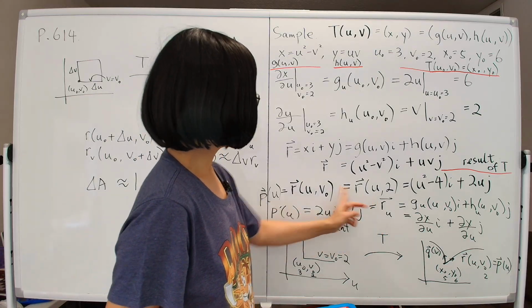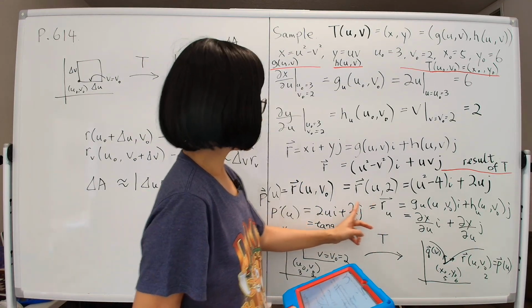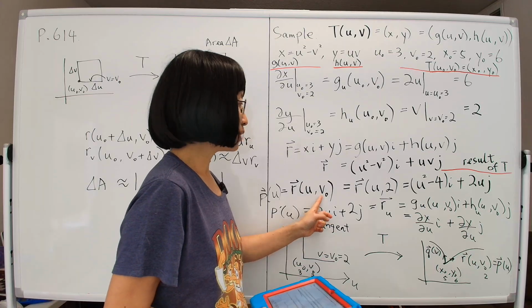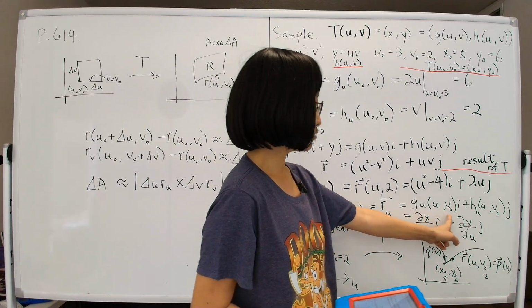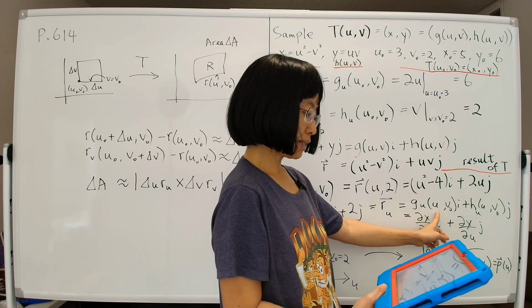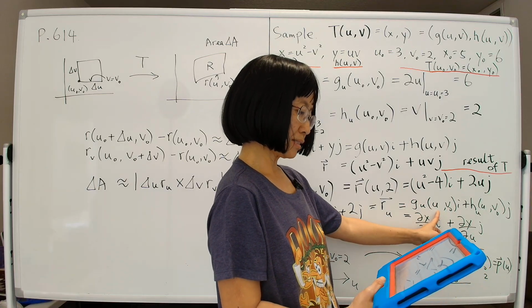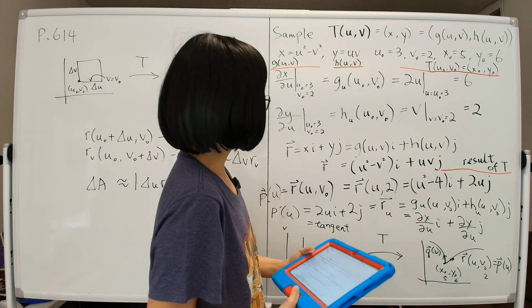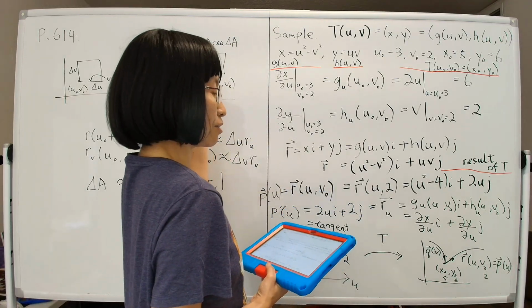But the idea is that if we calculate the tangent vector of r at v equal to v0, we take the partial derivative of g with respect to u, and we are evaluating it at exactly u0, v0.